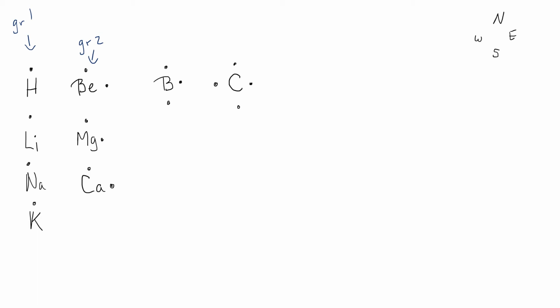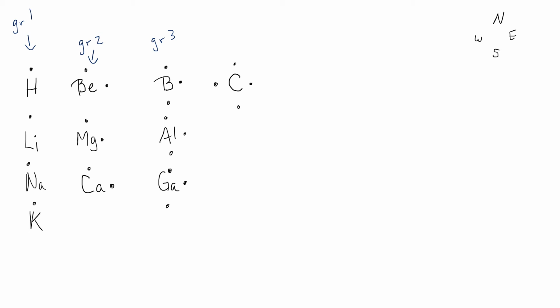So that means everything in group 3. So I have boron, I also have aluminum, I have gallium. I would have 1, 2, 3 valence electrons. So same thing, everything in the same column has the same number of valence electrons.